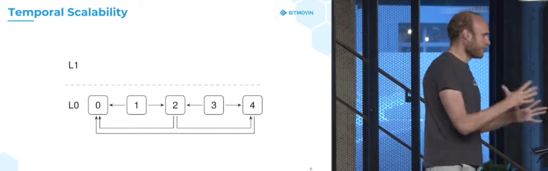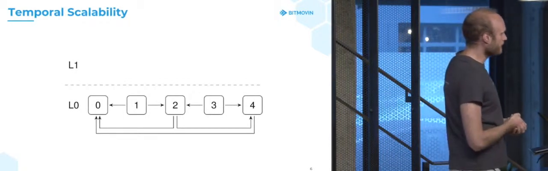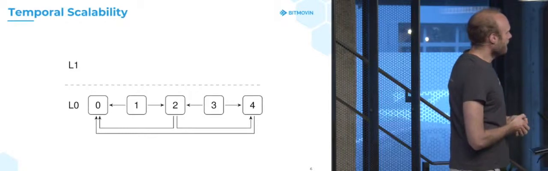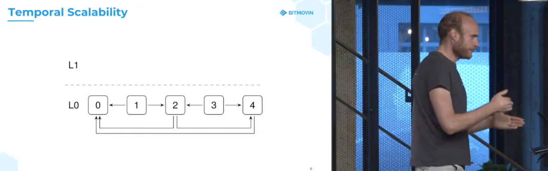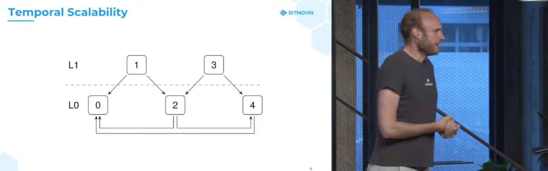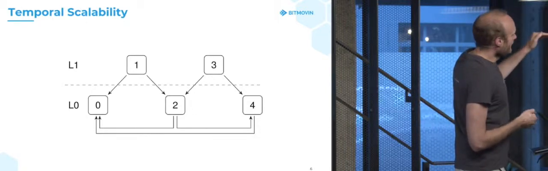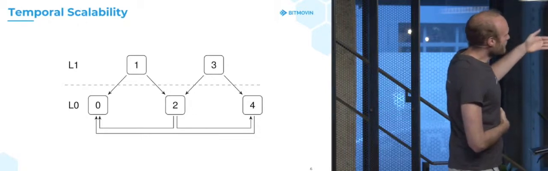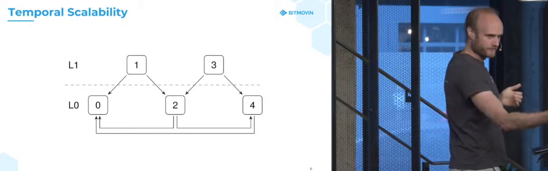So first, okay, we have to define some layers. This is layer 0, layer 1, so we have 2 layers here, and what we can do now is basically define every second picture as belonging to the higher layer. So we just move them up there. And yeah, this is it. We have temporal scalability because we can decode all pictures from the lower layer, right? They only depend on each other.